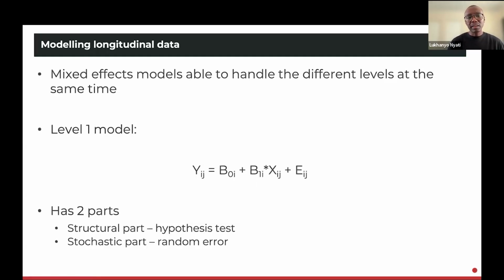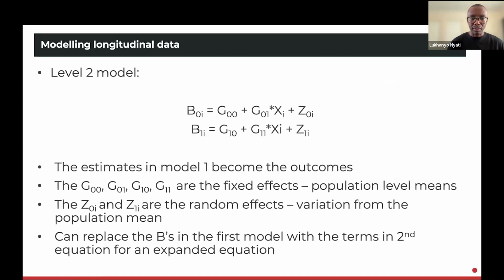Now, there's a way of estimating these parameters here, your B0 and your B1 in this particular case. There is a model that includes both the fixed effects as well as the random effects. Now, what these models do, just to explain slightly what that means.